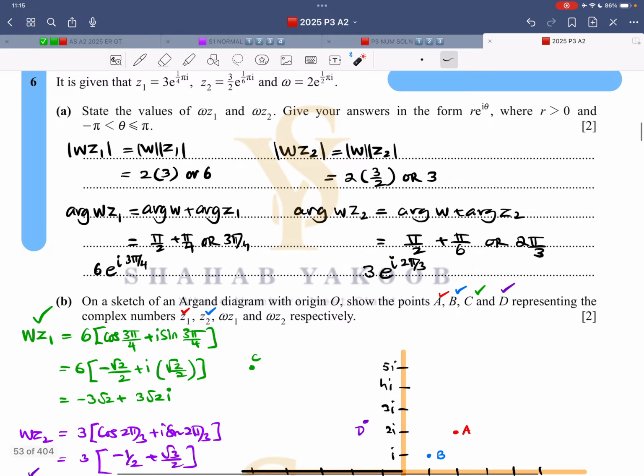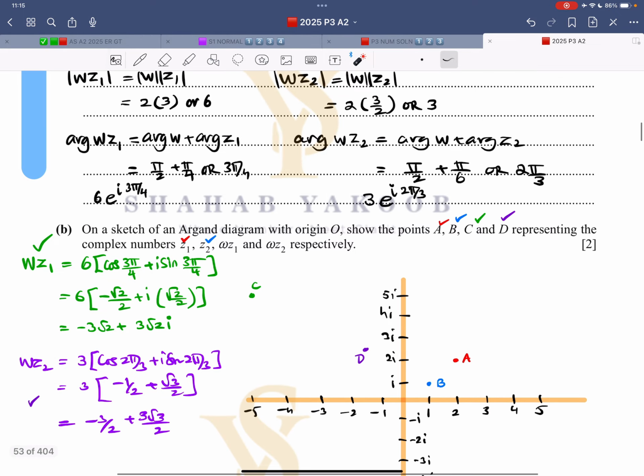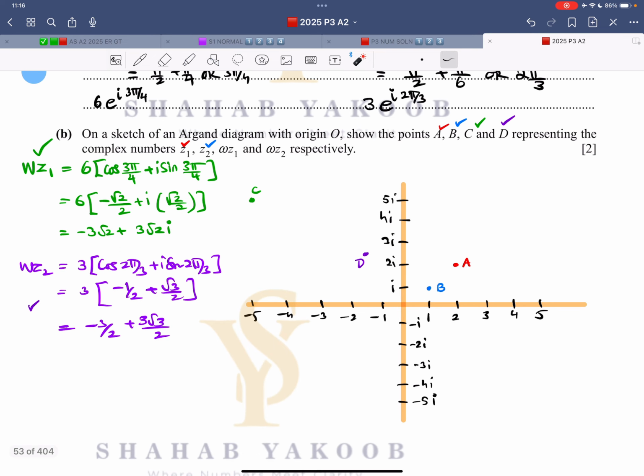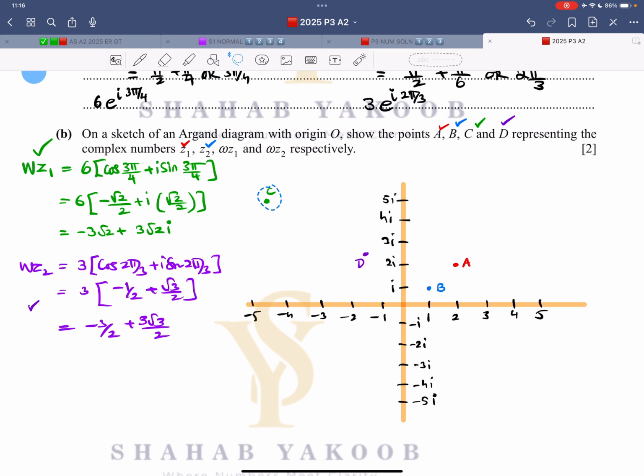Now the next one, on a sketch of an Argand diagram. Over here, I need some rough values. So wz1, let me open this up. This is negative 3 into 1.4, approximately like 4.2, and this is 3 root 2. So now this green one over here is something like 4.2. Let me just shift this a bit, something like this.